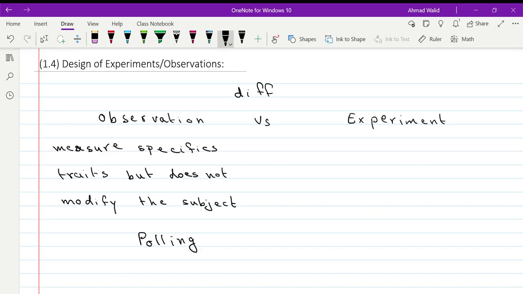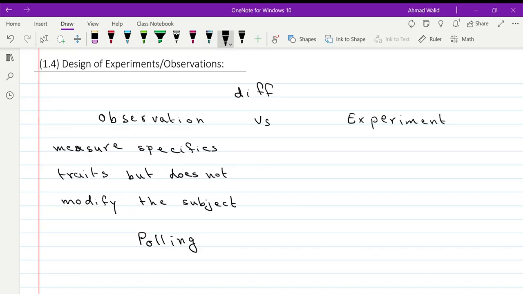We are not a political science class, but we want to collect information. We do a polling. Usually, they set up a hotline. People can share their information, or they send some questions to a group of people, and they collect information about the candidates, right? We are not modifying the subject.